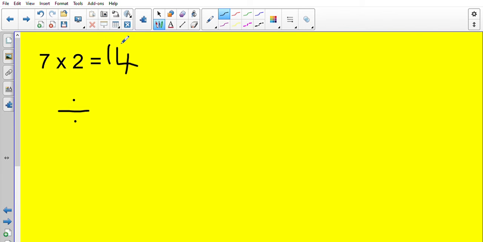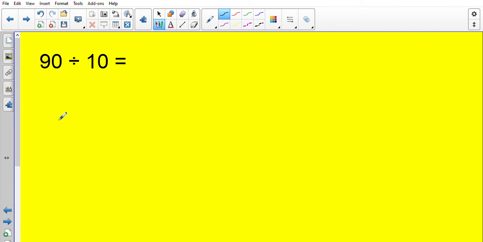Start from this side. 14 divided by 2 equals 7. Fantastic. So another one where we've worked out the answer and checked it using the inverse.